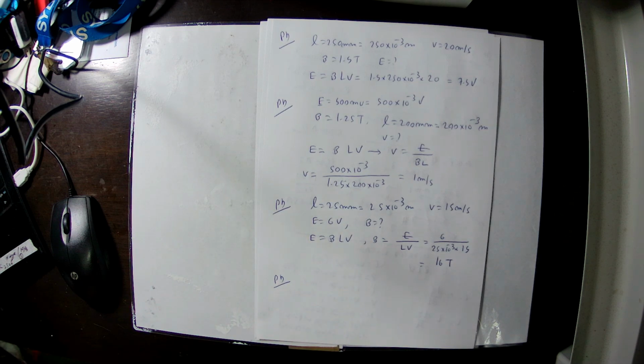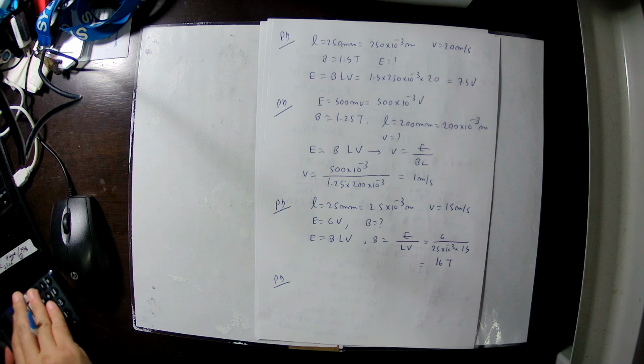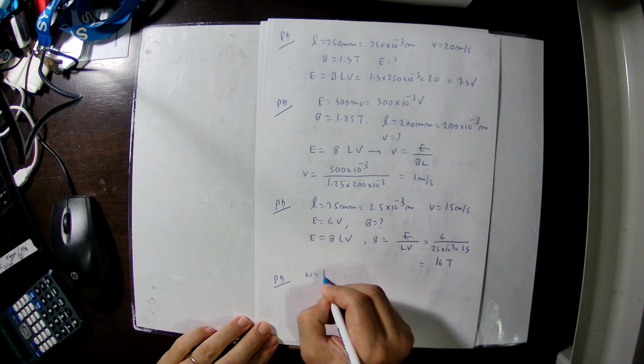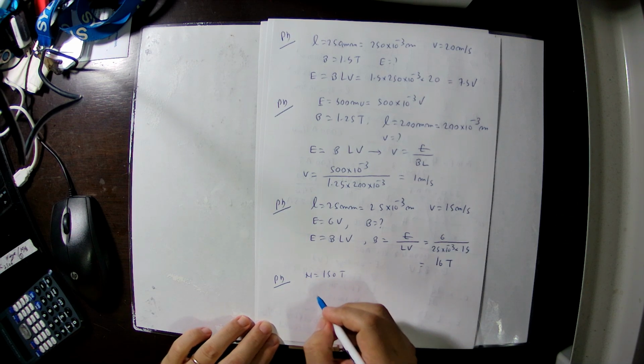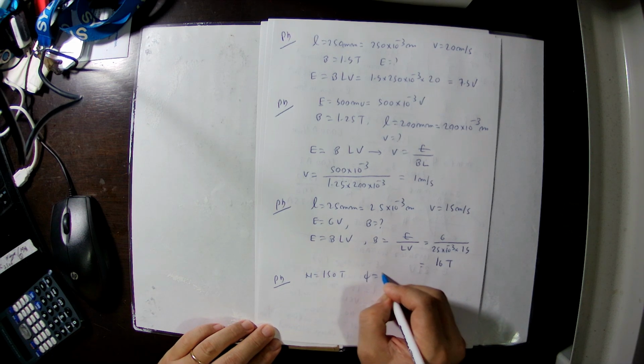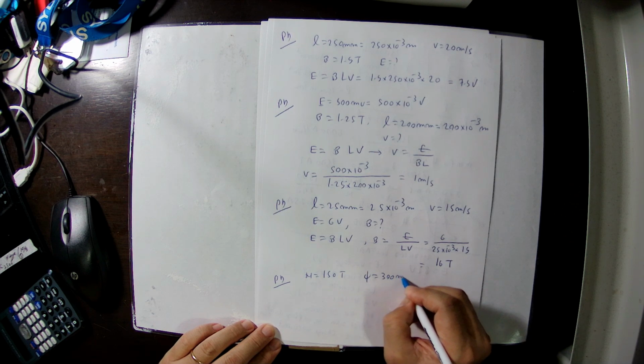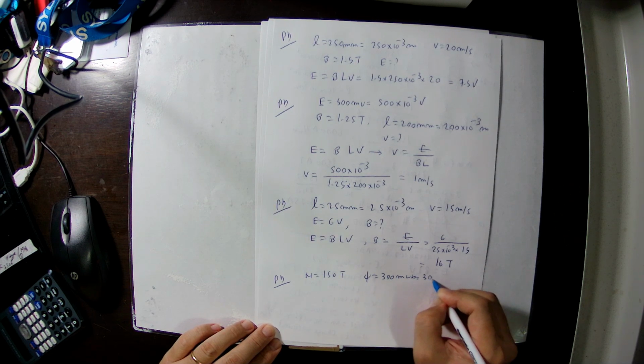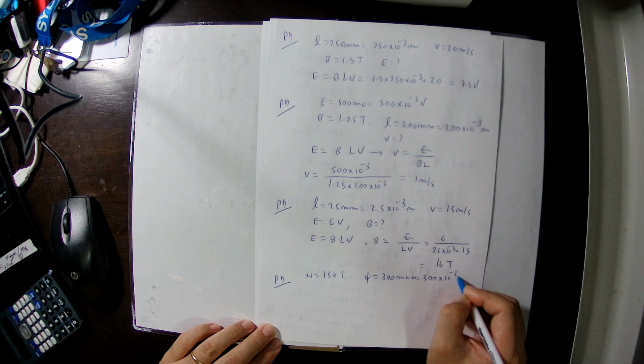A coil of 150 turns with a flux of 300 milliweber. So N equals 150 turns and flux is 300 milliweber, or 300 into 10 power minus 3 Weber.